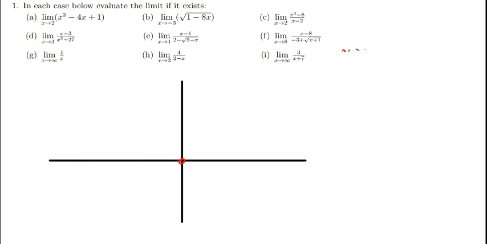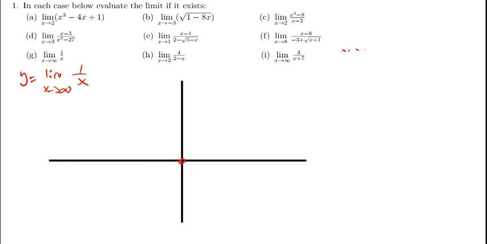Okay, now in this case we're talking about positive infinity. So as x gets closer to positive infinity, what is the value of y? Because that's the same as y is equal to limit as x approaches infinity of 1 over x.